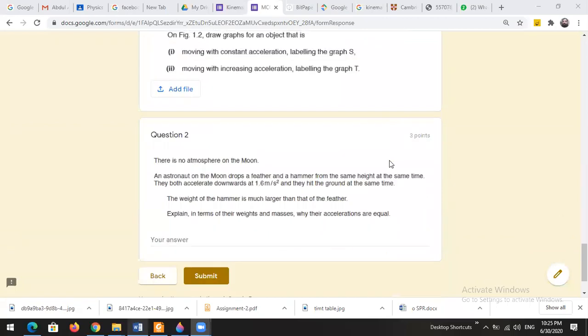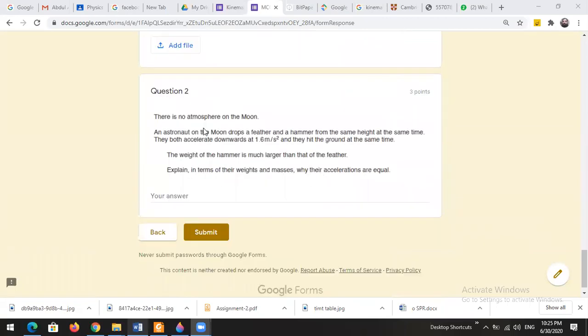Question number 2, another question. There is no atmosphere on the moon. An astronaut on the moon drops a feather and a hammer from the same height at the same time. So no atmosphere means there is no air resistance. The feather has very little weight, and the second body is the hammer.